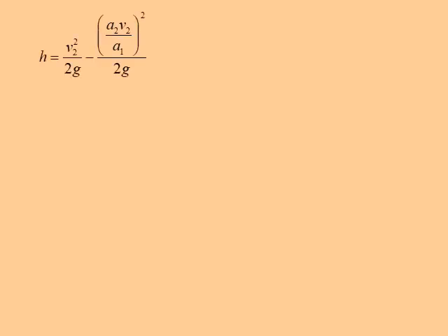After substituting that, the left hand side, (P1 minus P2) by rho g, that is equal to H, the pressure head. So H is equal to V2 square by 2g minus V1 whole square, where V1 is equal to A2 V2 by A1, that square divided by 2g.